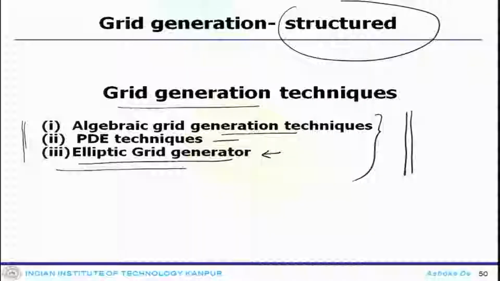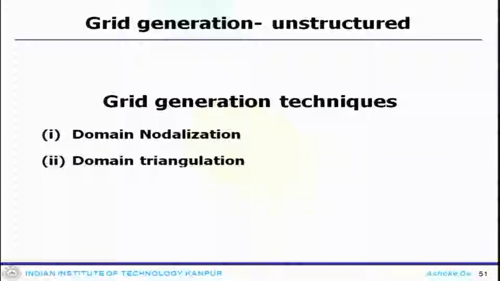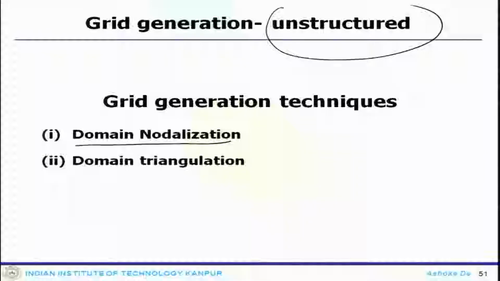Now, the scenario changes when you go to unstructured grids. As we have seen throughout this lecture series, consider what kind of element it requires. One very common approach is domain nodalization, that means you pick a node, then calculate their distances, and there is an algorithm associated with that.